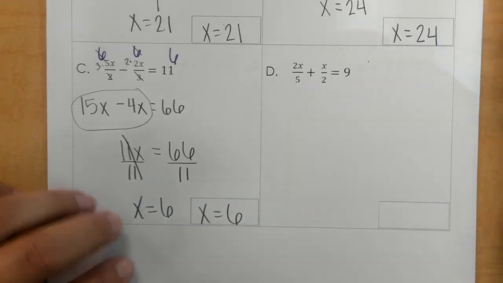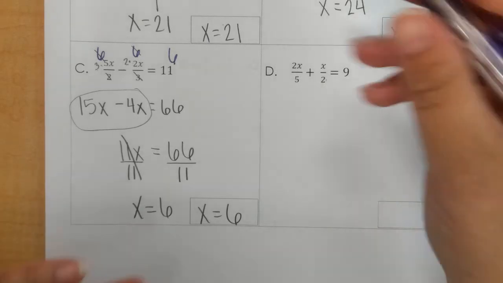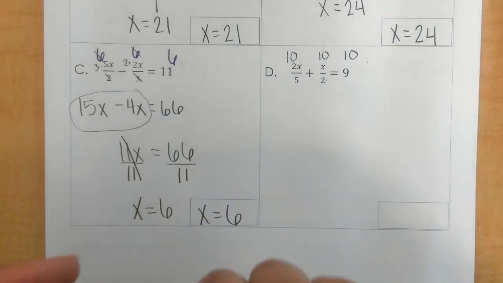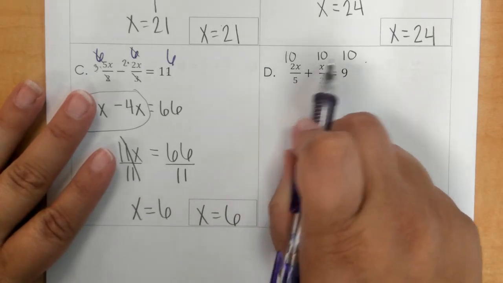Okay, for letter D, 5 and 2, our common denominator is 10. You can make a list of the multiples of 2 and 5, or you could multiply 2 and 5 together, and that gives you 10.